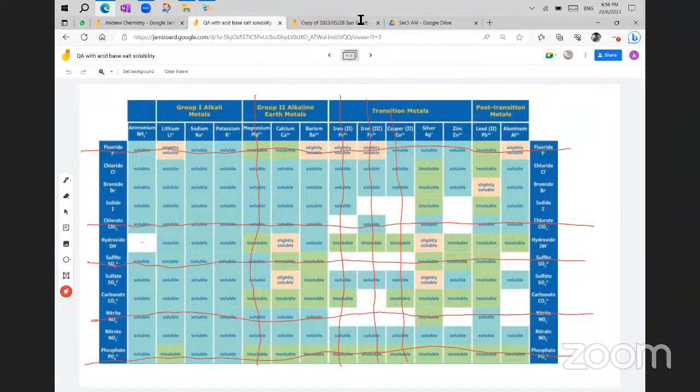They are usually holding hand, no matter who. I know they're sometimes slightly soluble, but for O level just pretend they don't exist and are just insoluble.